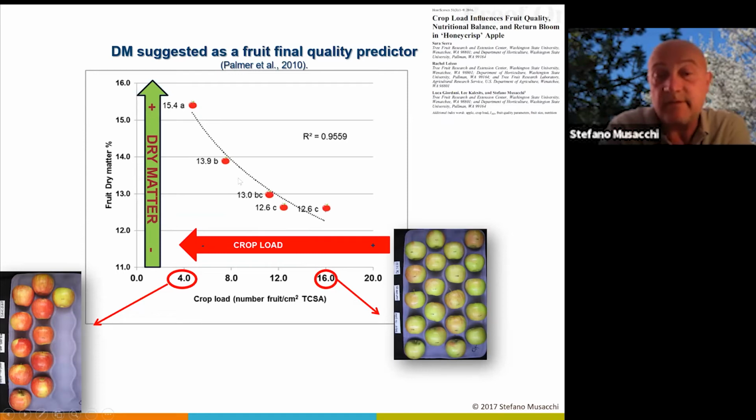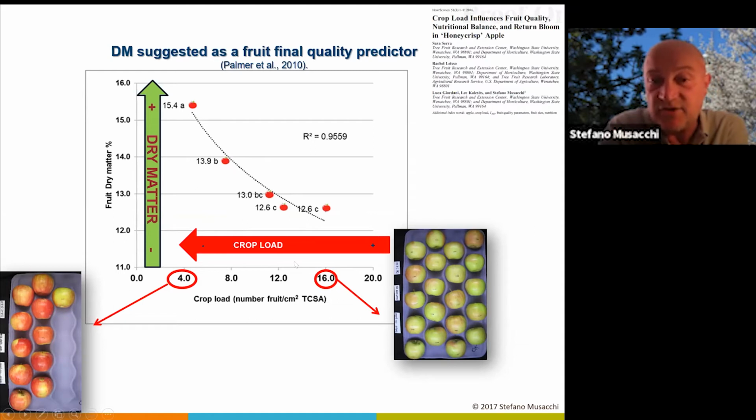The minimum difference that the consumer can perceive is 1 brix. So if you are eating an apple with a level of 14 or 15, of course it is not like this one. And in the future, probably we need to target a lot of these kinds of things.